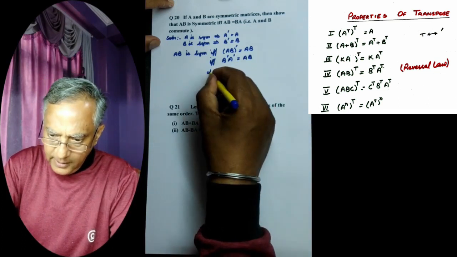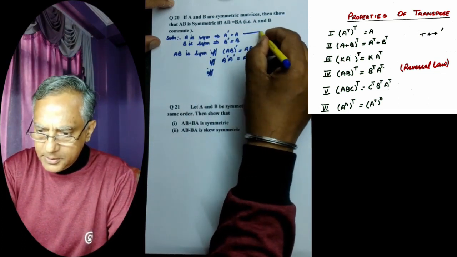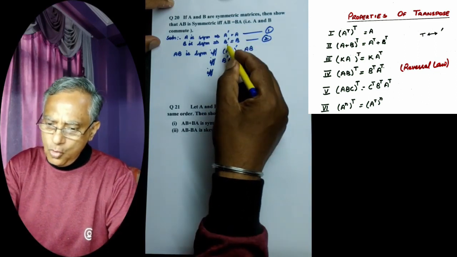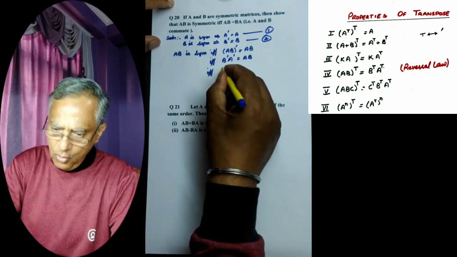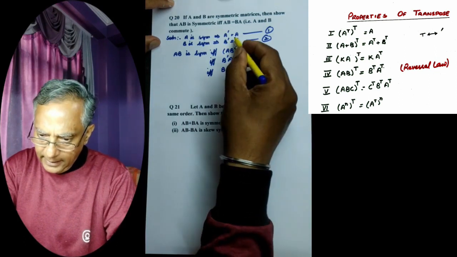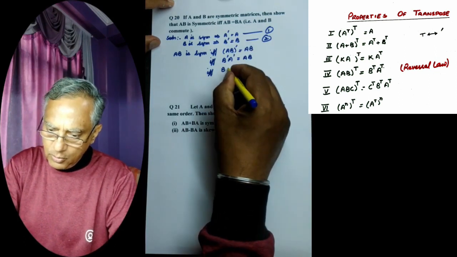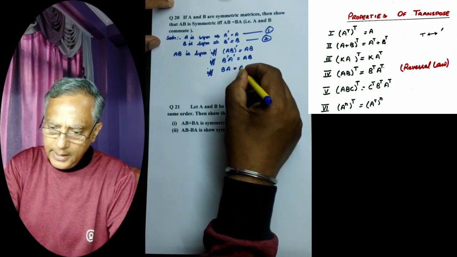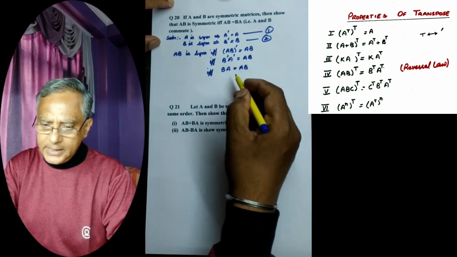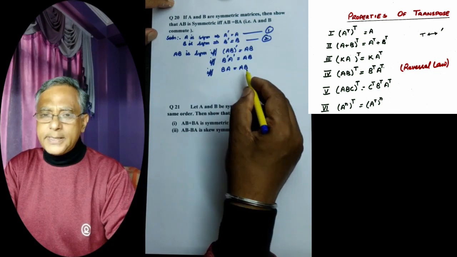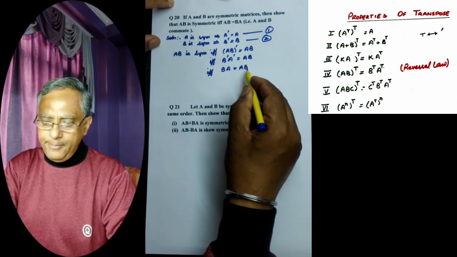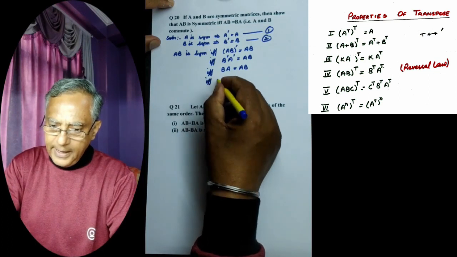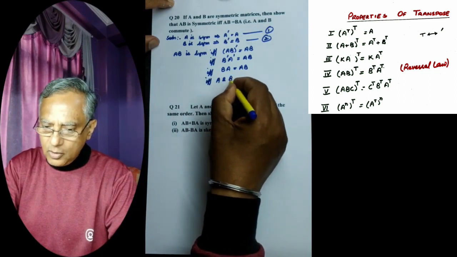If and only if, now let this be 1 and this be 2. So from 2, B dash must be equal to B, and from 1, A dash must be equal to A. So BA must be equal to AB. That is, the two matrices commute. AB is equal to BA if and only if A and B commute.